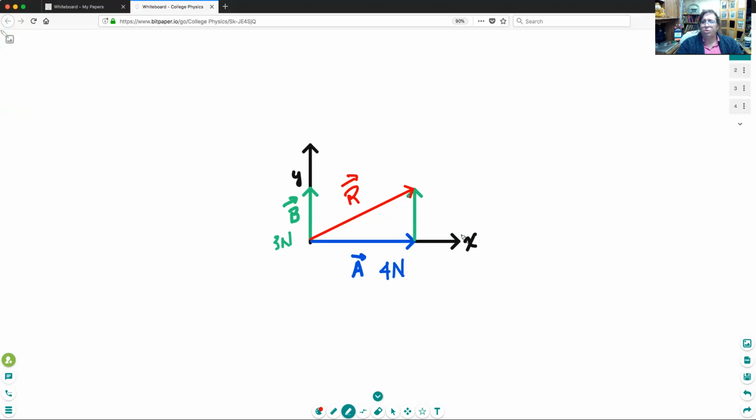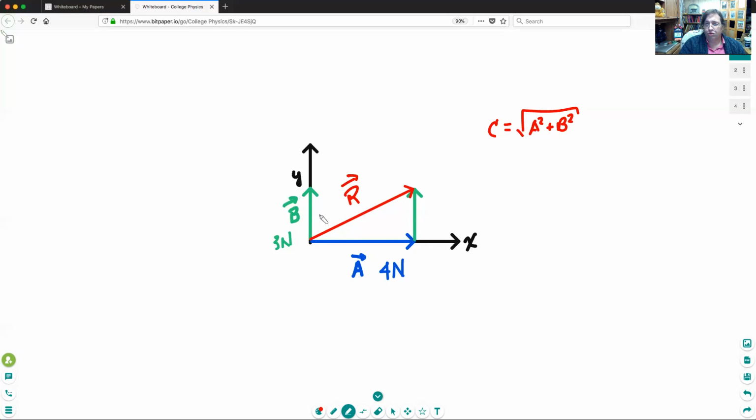Now, we can use some simple algebra. Like I said, trigonometry and Pythagorean's theorem tells us that we can find this vector here. It's a right triangle, right? So we've got C is equal to the square root of A squared plus B squared.